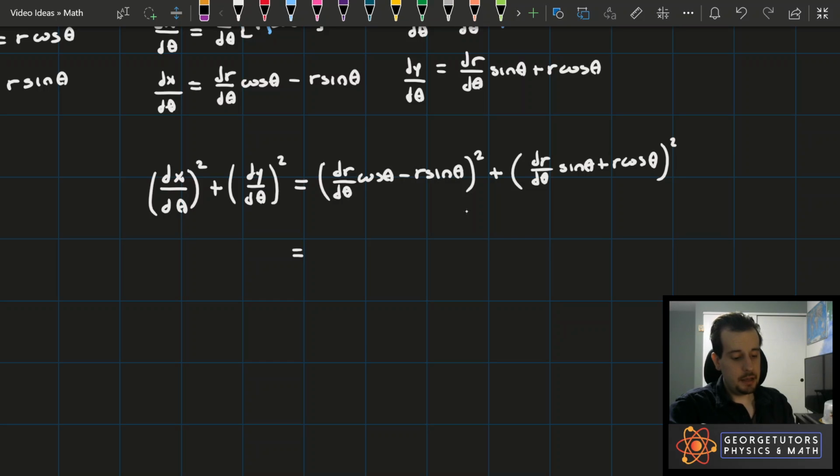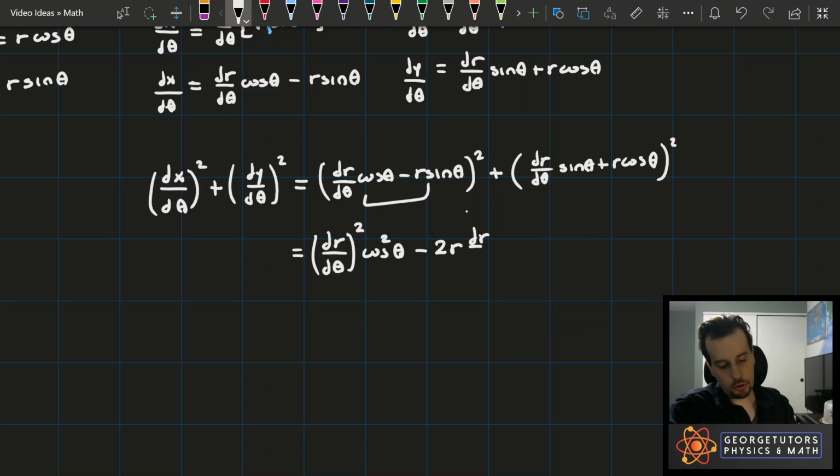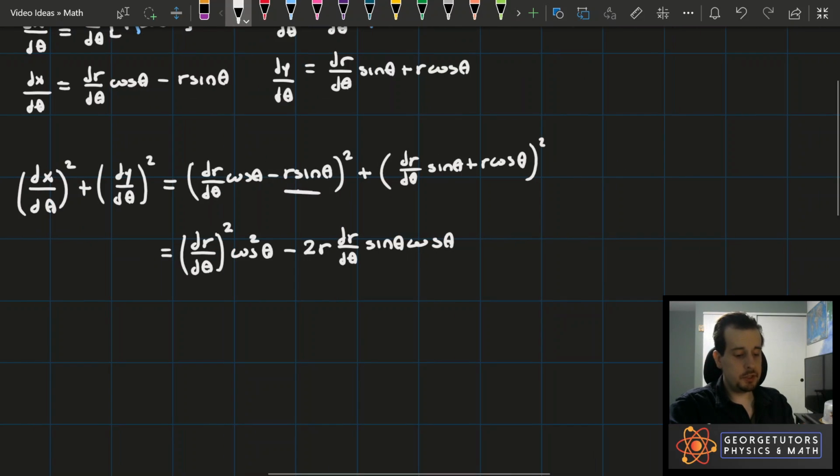So we have dr d theta all squared cos squared theta from this term multiplying itself. Then we got 2 times these two terms multiplied together. That is 2r dr d theta sine theta cos theta. And then this guy here multiplied by himself gives us r squared sine squared theta. Okay.